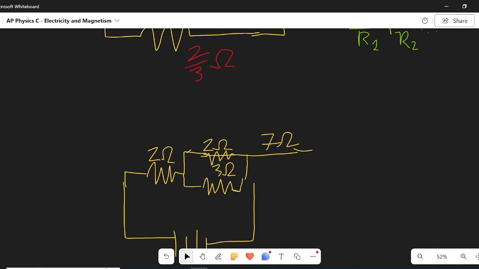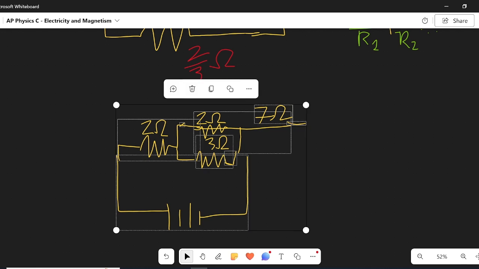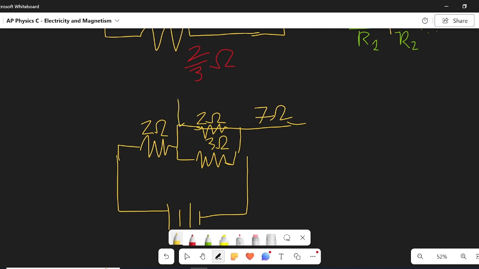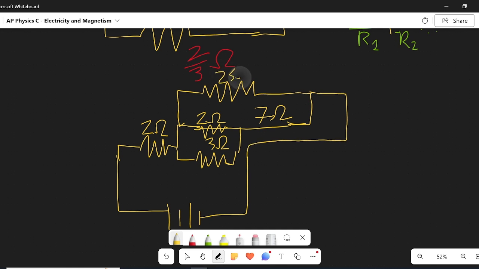And then let's say you had a big 25 ohm resistor up here, right?